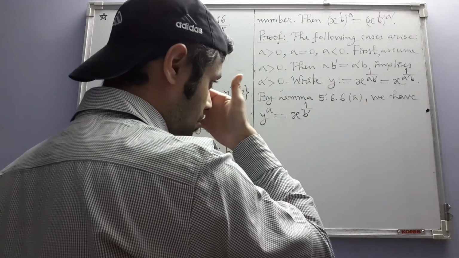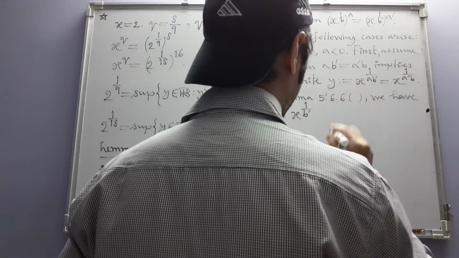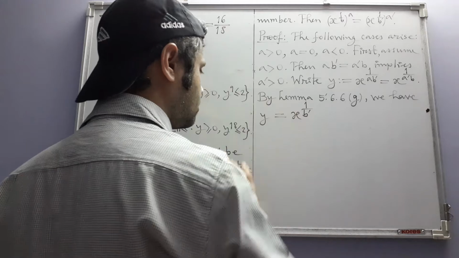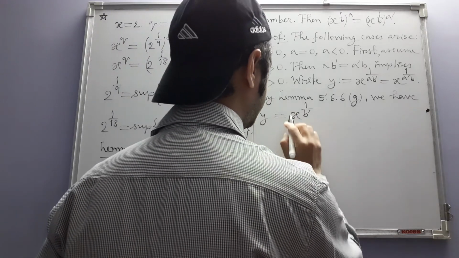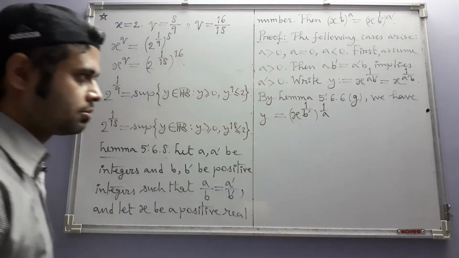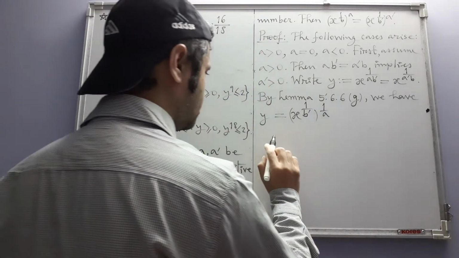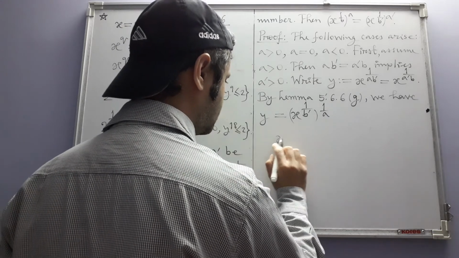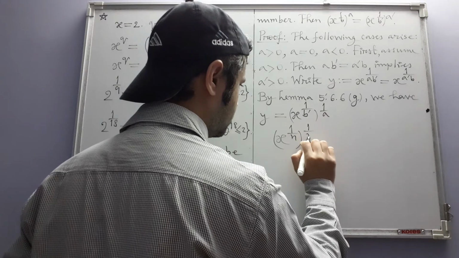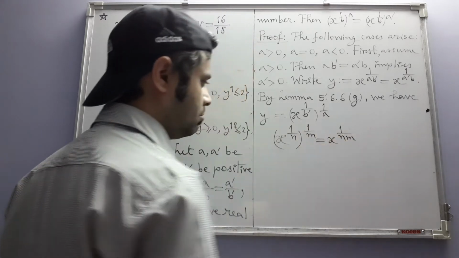Instead, let us write a number of steps. By lemma 566G, y is equal to this. In 566G, recall that we had this x to the power 1 by n is equal to nm.